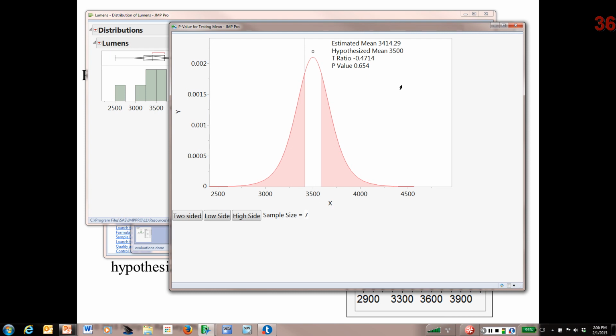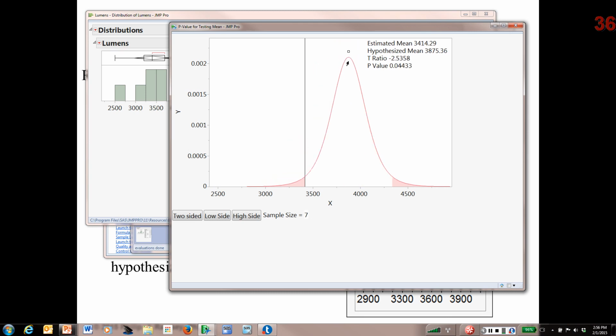Well, let's change the hypothesis. Well, notice the little handle above the curve. I can drop and I can drag it and come up with a new hypothesis. Well, suppose that my hypothesized mean, let's pick a value here somewhere.